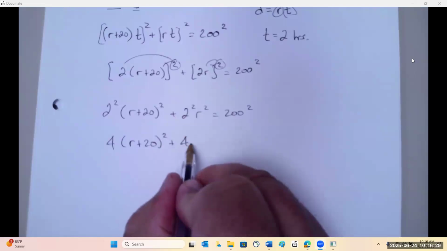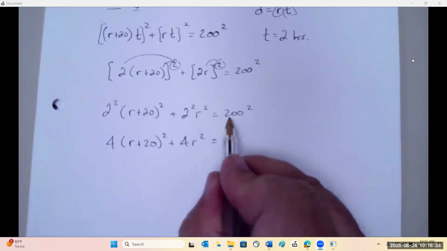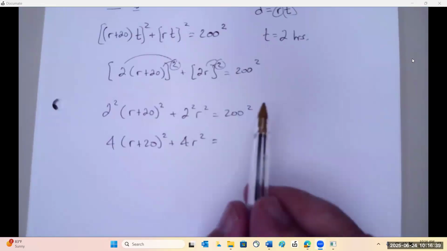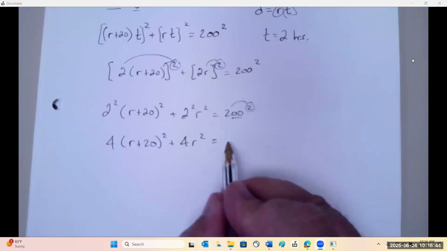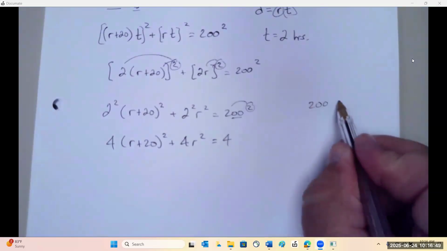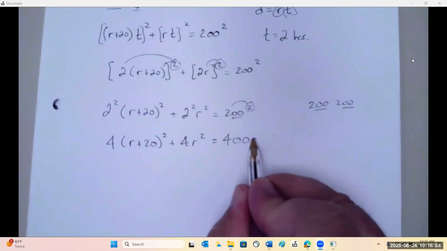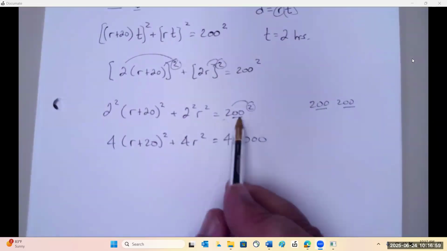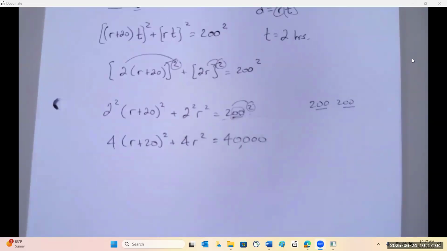What's 200 squared? It's easy because it has zeros. 2 squared is 4, and 200 times 200 gives 4 zeros after that. Whenever you have zeros, just square the number and then add the zeros, since they happen twice.